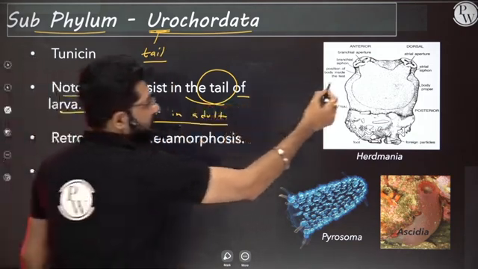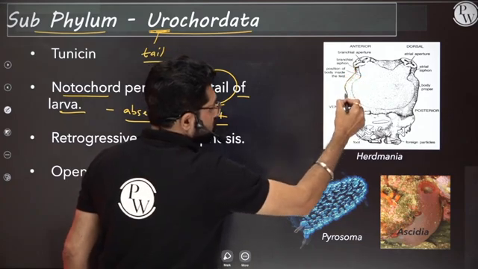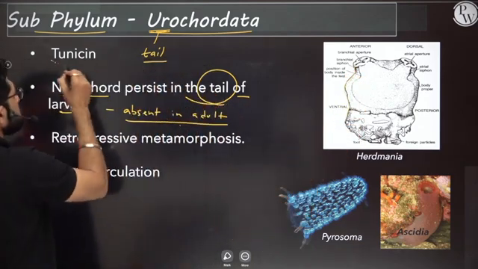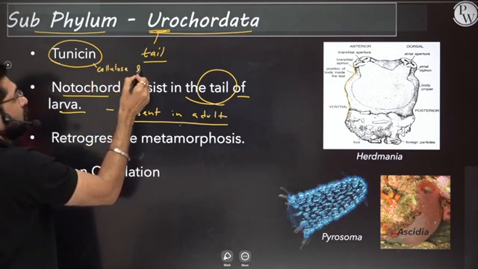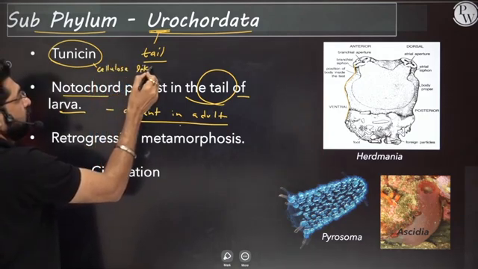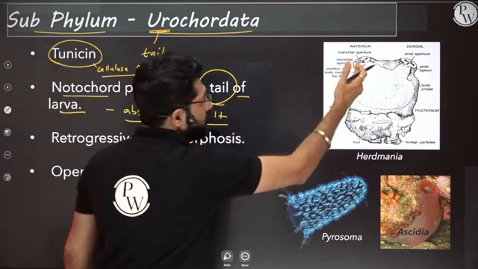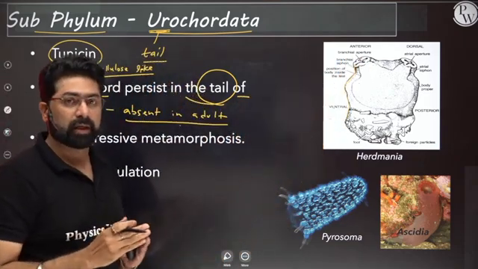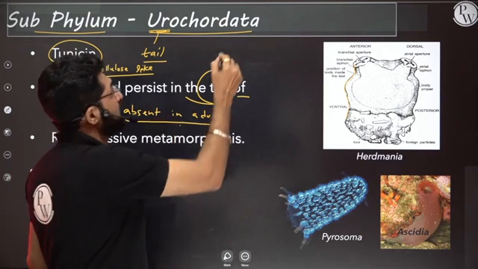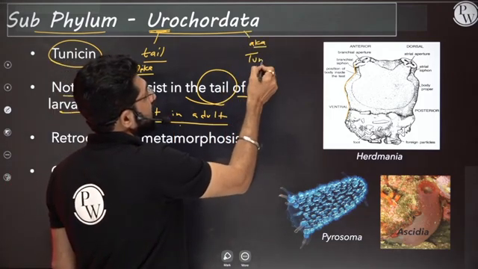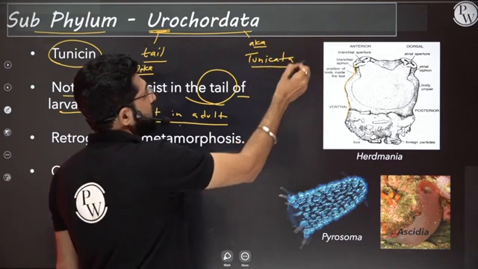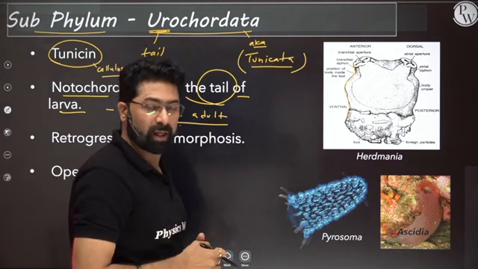The body is covered by a cellulose-like material called tunicine, which covers the body of the urochordates. That is why the Urochordata are also called Tunicata. Phylum Tunicata, you can say it commonly.